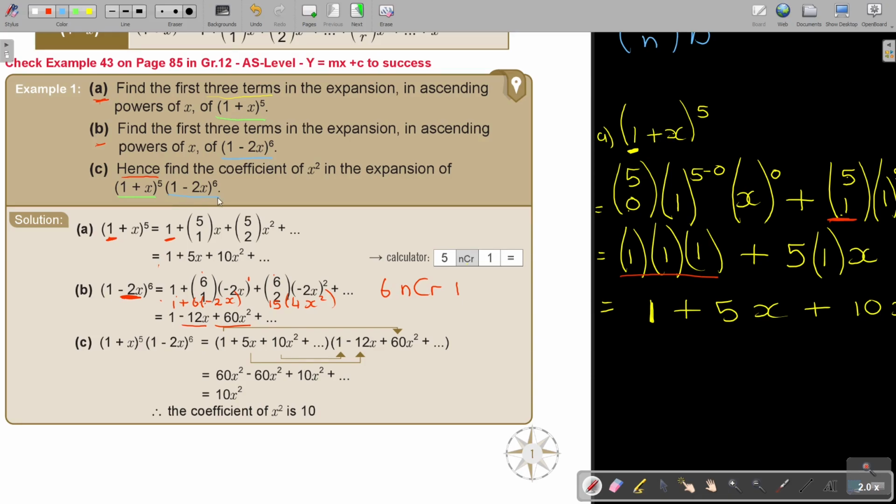So basically, it's almost like they were helping you because they just want the coefficient of x squared. You don't have to work all those terms out, just the first three, and the first three will help you. And that's what I showed you here.